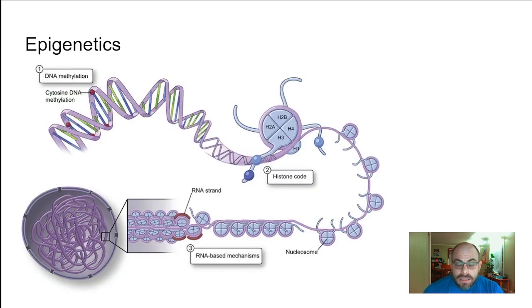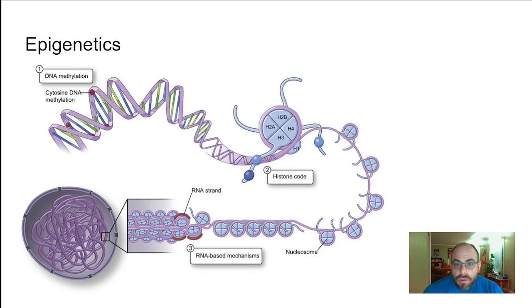And then lastly is this concept of epigenetics. Anytime you see this, think like epidermis. It's like outside or on. It's the surface of genetics, genes. And so these are things that can happen to the DNA that can control gene expression from outside the DNA.